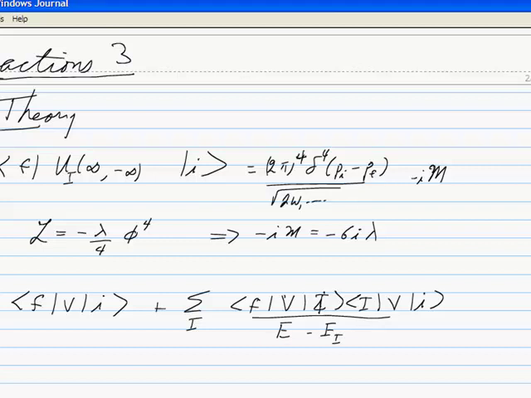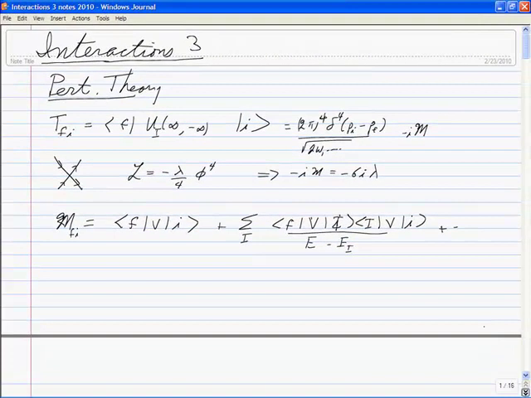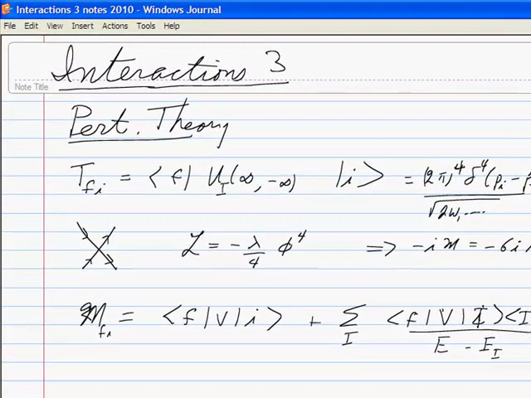Okay, so plus dot dot dot. So if you develop perturbation theory in usual quantum mechanics, you end up having things like this. The first order, you just take matrix elements, so the potential. The second order, you have this sum over intermediate states, blah, blah, blah. Okay? And that's basically what we have here.